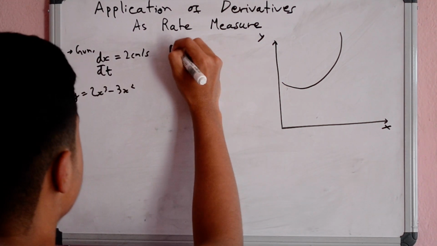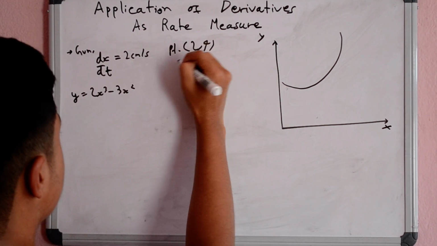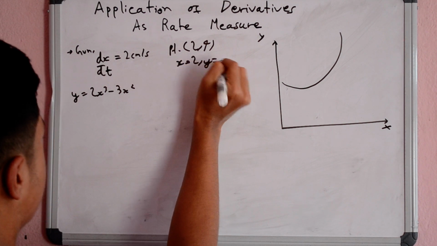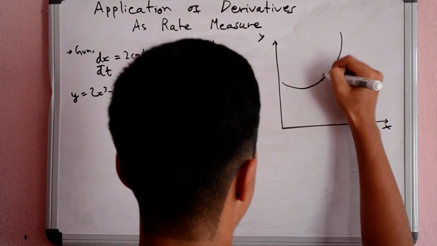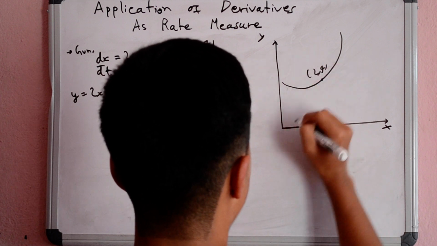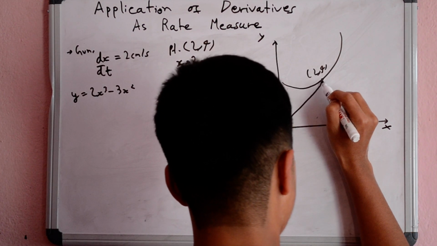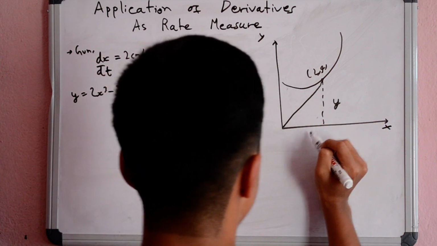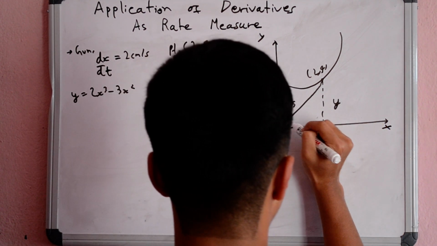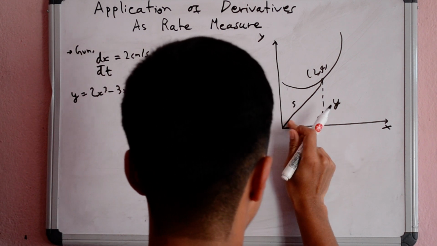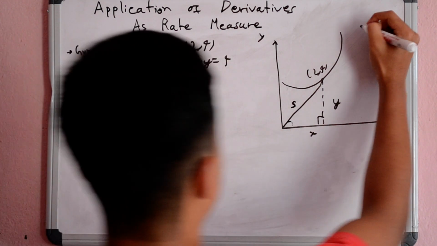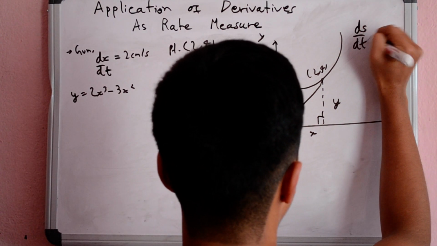So it is given point 2, 4, essentially x equals to 2 and y equals to 4. So we have to find the distance from the origin. This is y, this is x. So according to the question, we'll have to find ds by dt.